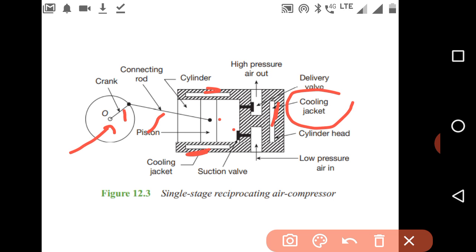Due to the movement of the piston, inward to outward direction, there is a variation of volume created inside the cylinder, and due to that the compression of gas occurs. These are the basic parts you need to be aware of, and we have already discussed this type of arrangement while studying the IC engine, SI or CI engines.